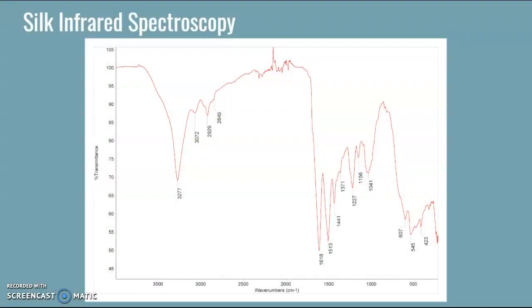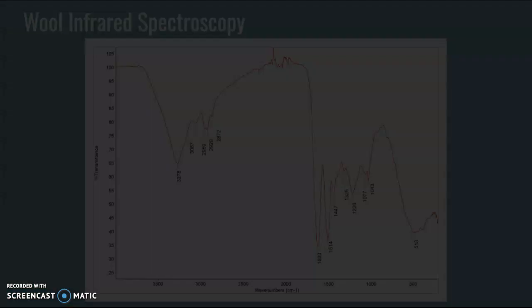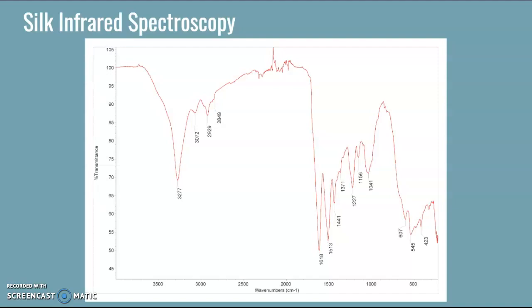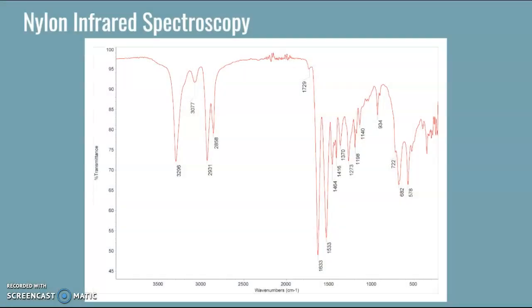Here is silk, which is kind of similar to wool and cotton. Here's polyester, and this is a synthetic fiber, so it has a very different infrared spectroscopy. Right? There's not really those large bands over here that we had with the natural fibers. And then here's nylon, which has the bands in this area, but they're much smaller.